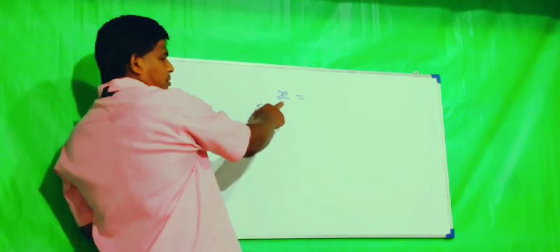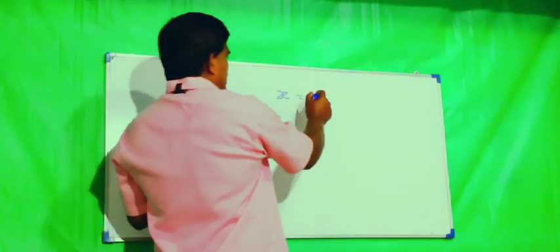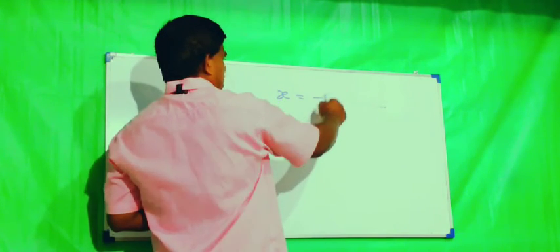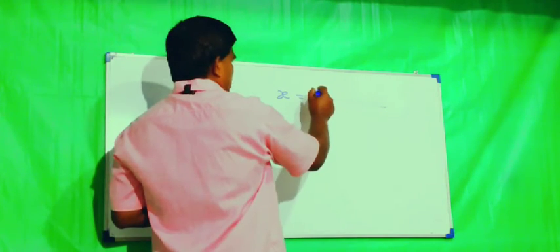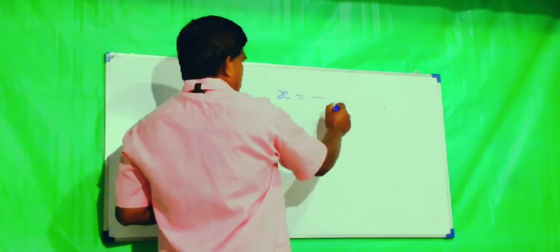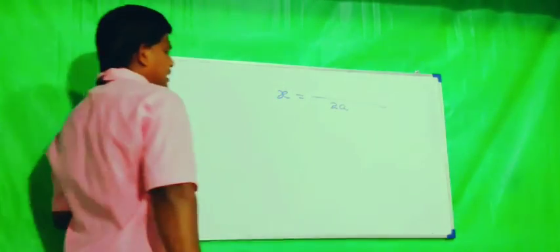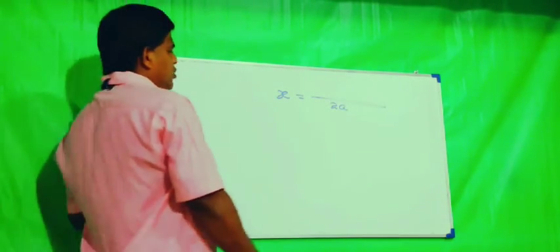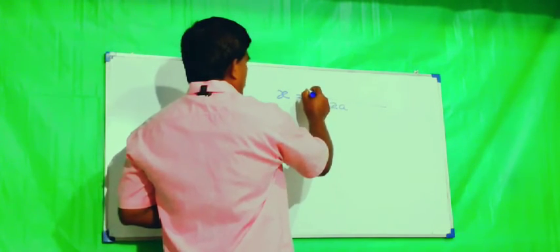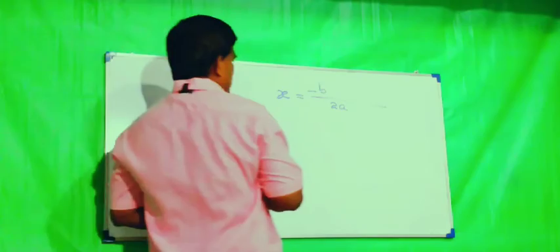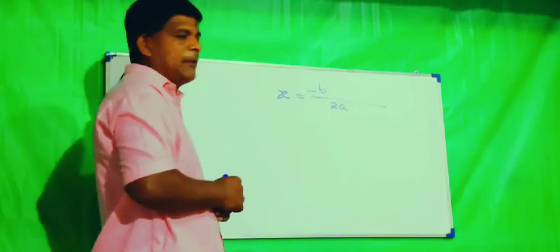That is the variable of the quadratic equation here. In that formula it is given as a fraction, so the denominator is 2a. And the numerator begins with minus b, that is the speciality.